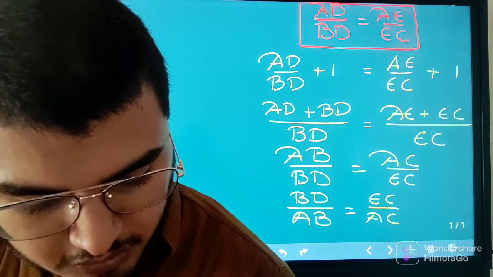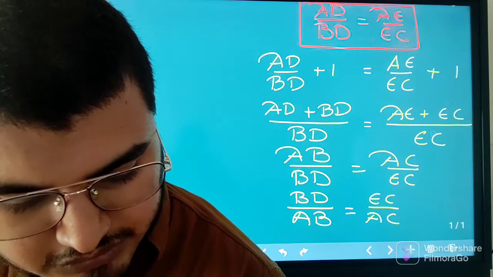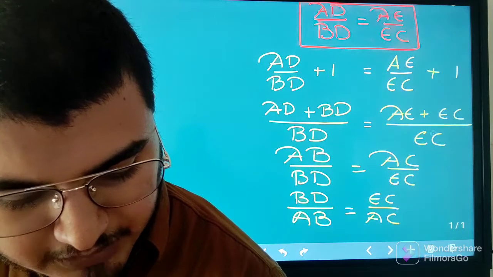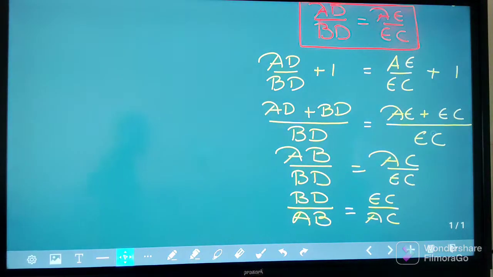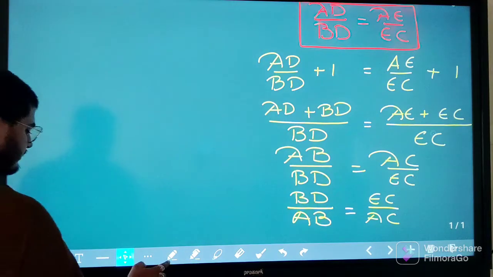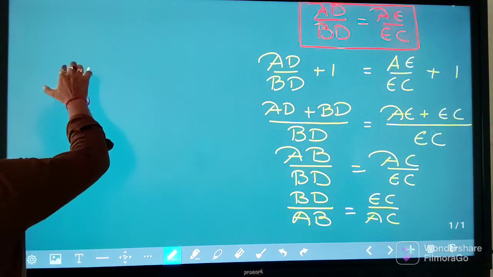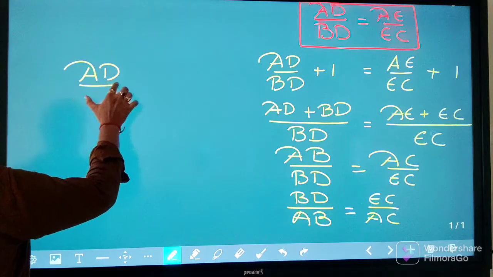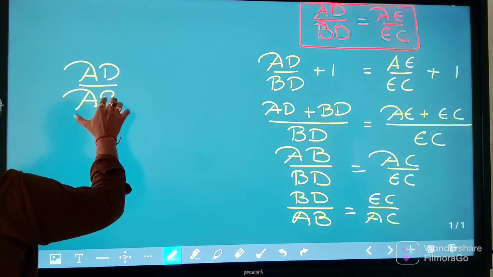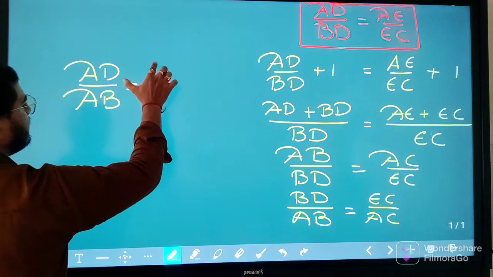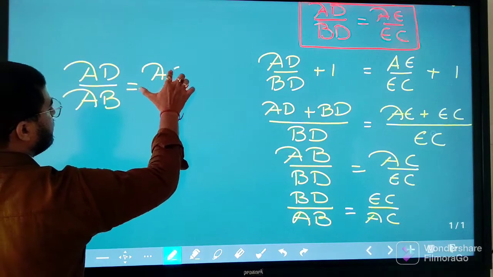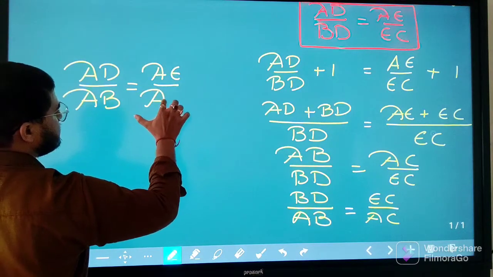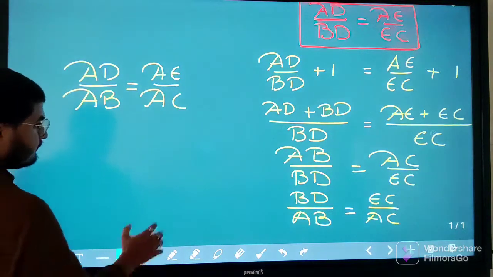As we are talking about the lower portions, we can also say the same about the upper portion of the triangle. The upper portion means AD upon AB is equal to AE upon AC. That is the upper part of the triangle.